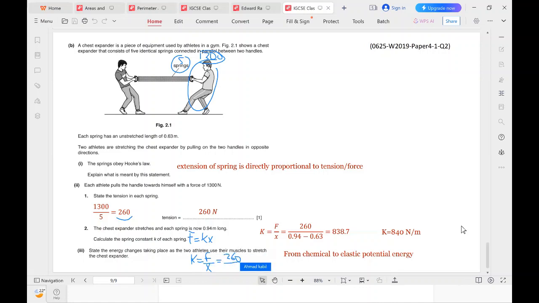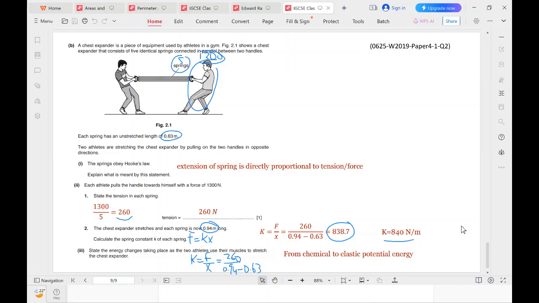And the extension is the new length, which is 0.94, minus the unstretched length, which is 0.63. So we just subtract 0.94 minus 0.63, and that gives us the answer for K. K equals 838.7, or approximately 840 newtons per meter.